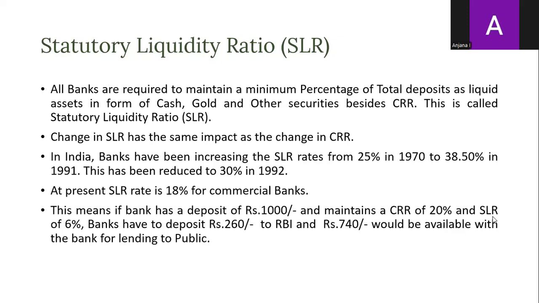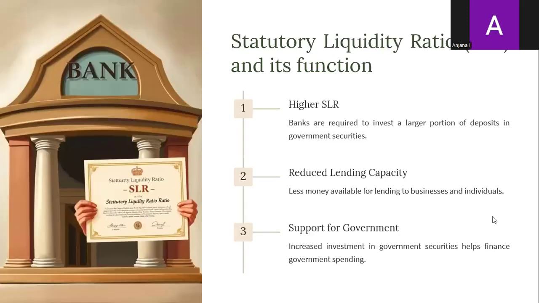This means if the bank has a deposit of rupees 1,000 and maintains a CRR of 20% and SLR of 6%, the bank has to deposit rupees 260 to RBI and rupees 740 would be available with the bank for lending to the public. Now, what is the impact of the statutory liquidity ratio?